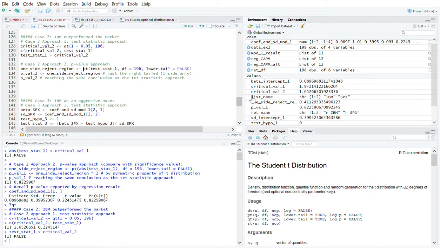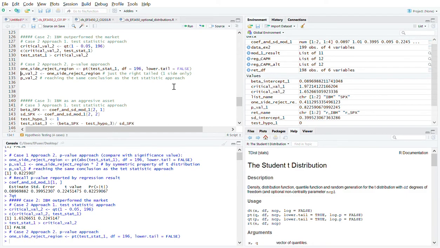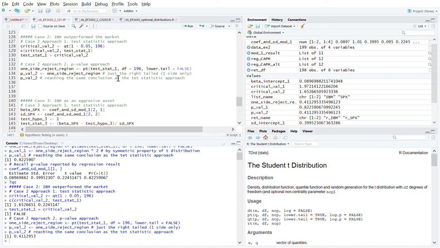Because this time it's one side only, we do not need to multiply by 2. You can see that the p-value is still way larger than 0.05, and hence we cannot reject the null hypothesis at the 5% significance level. Again, we cannot conclude that IBM outperformed the market. So this is the first right-tail test in this video.